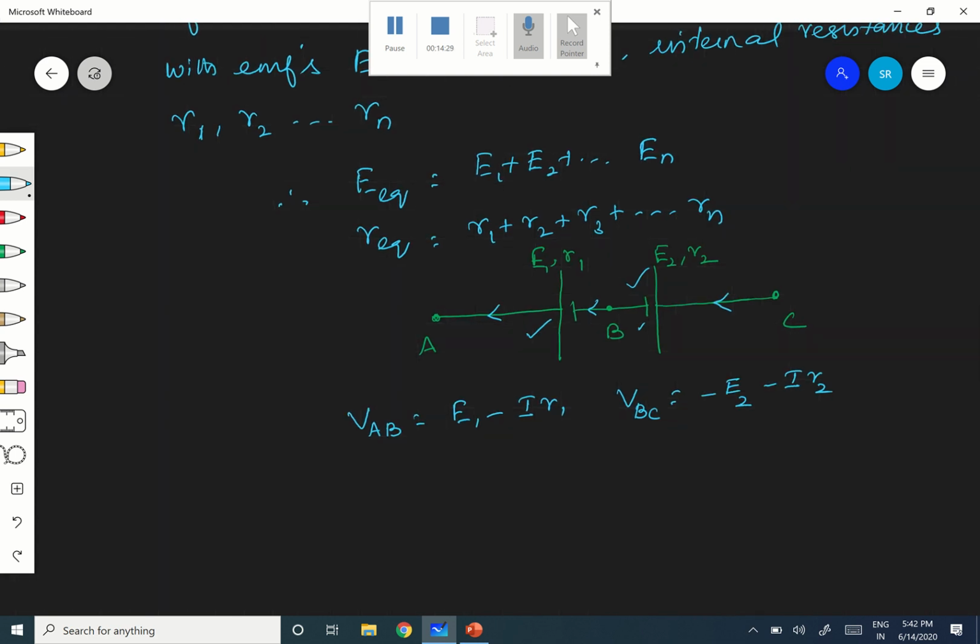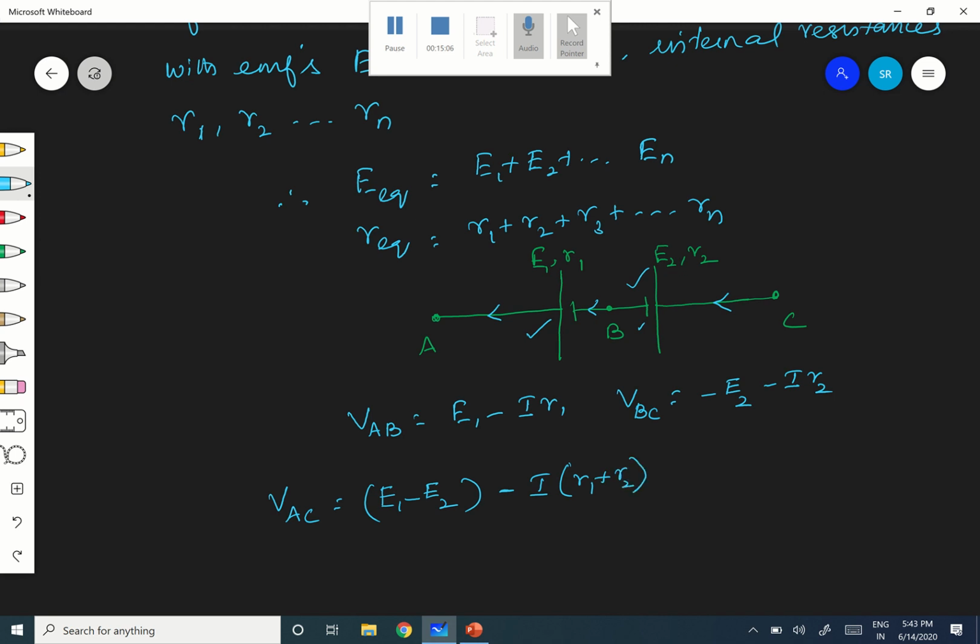Therefore, what is VAC when you are adding both? VAC is nothing but VAB plus VBC. If you add, you will arrive at the result: E1 minus E2 minus I into R1 plus R2.